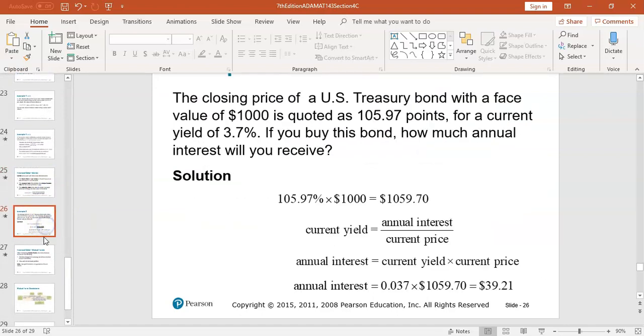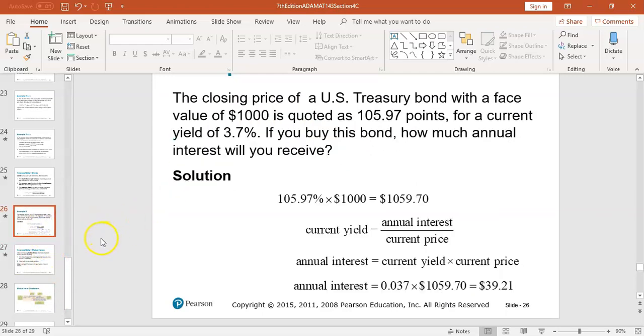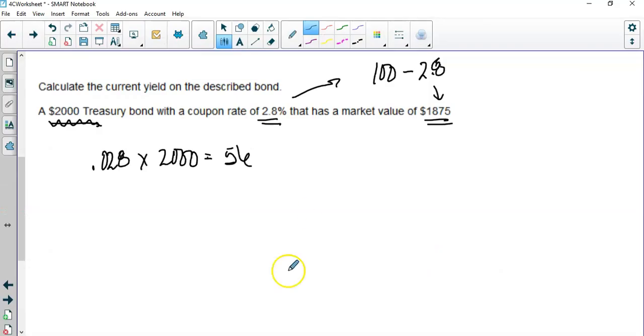Maybe it's not in here at all. Oh, I think there it is. It's the annual interest over the current price. So now the current price is not the face value. The current price is going to be what you're paying for it. So my current price here is the $56 over the $1,875.